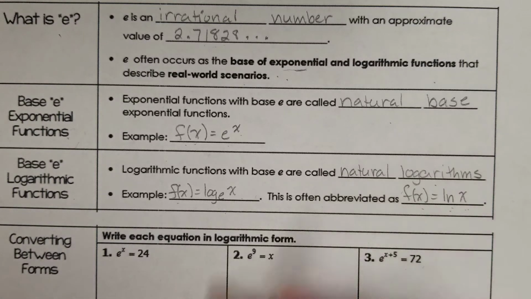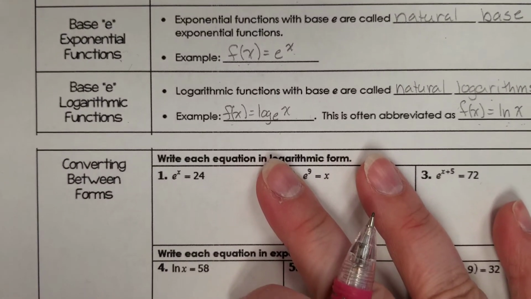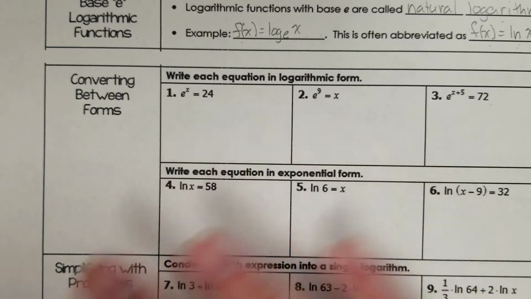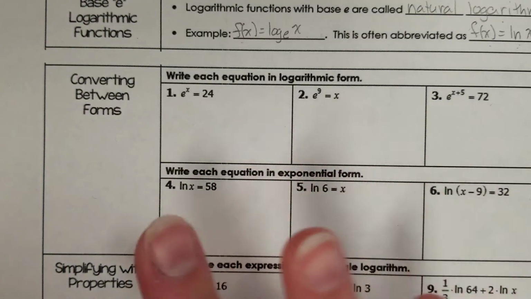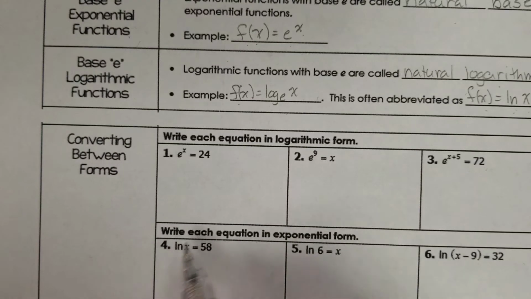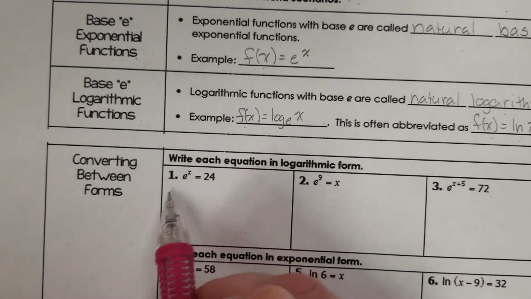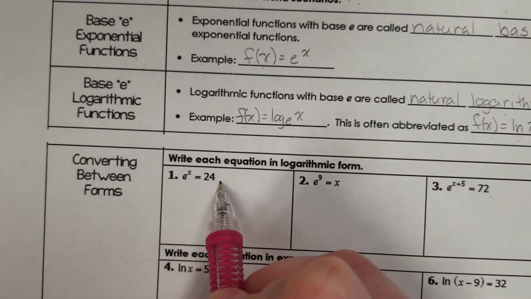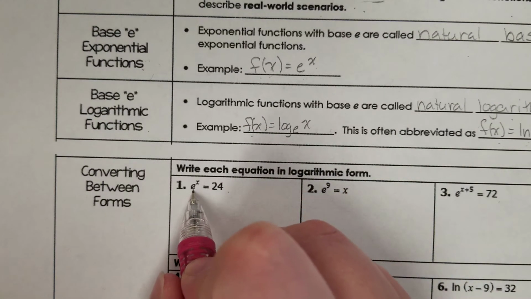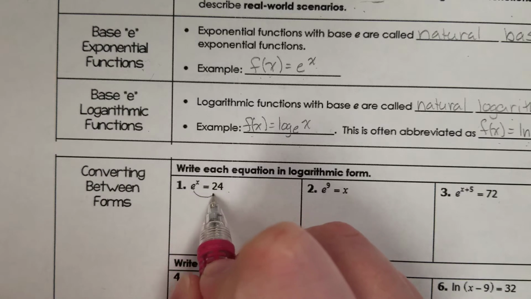Right? And now from here, we're going to split these notes up into two videos. So we're going to do the front page as one video, and then we'll do the back with solving as another video. So to convert between the two forms, we have e to the x equals 24. Okay, so we start just like we would with any other exponential function changing to a log. So you do the circle.